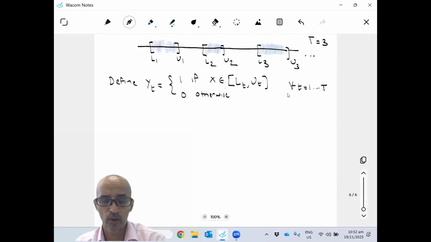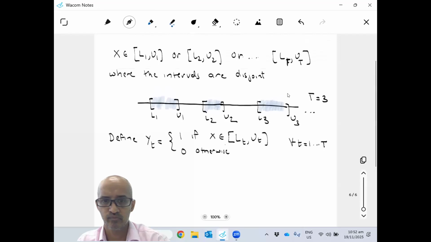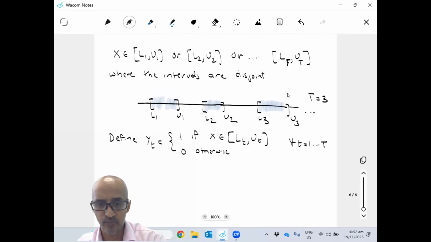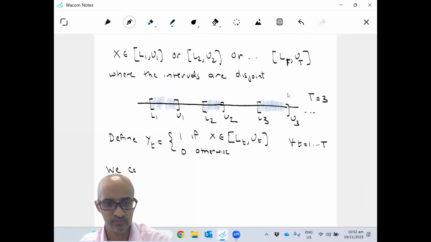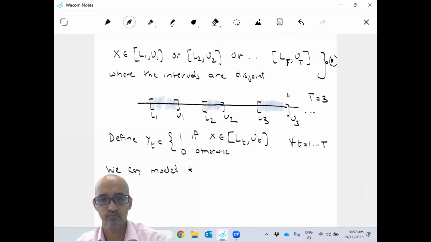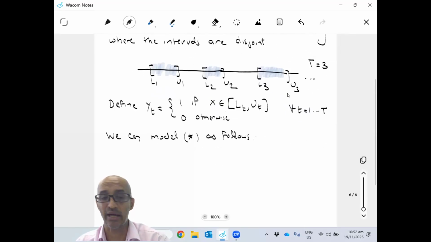So what do you want to do? We can model star as follows. This is my interpretation of my decision variable yt.